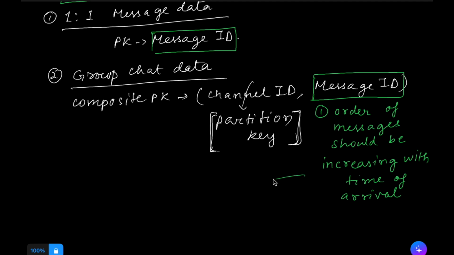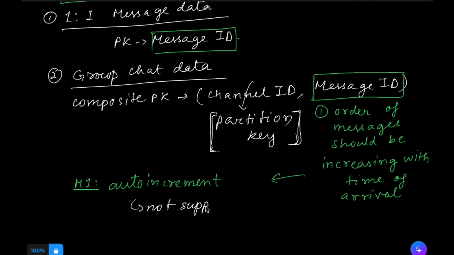For this, one option is auto increment, which is generally used in RDBMS like MySQL. But this is not supported in key value stores.